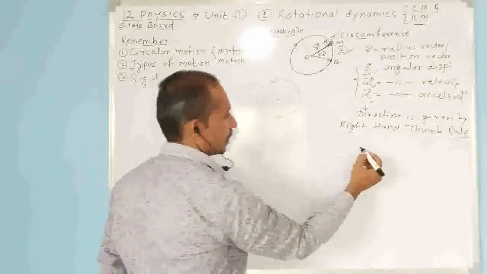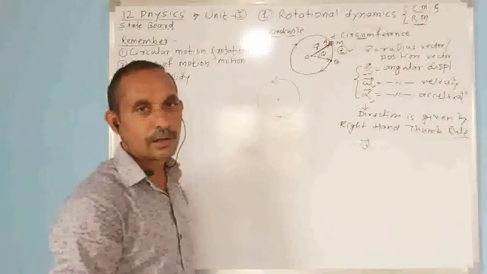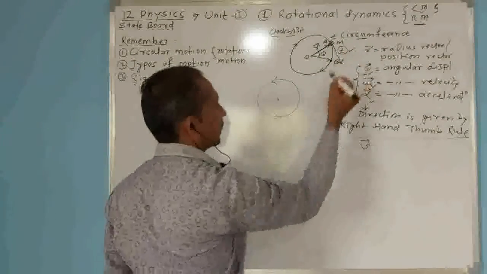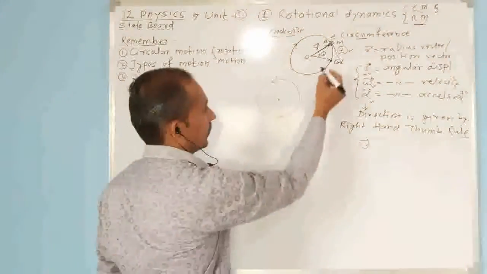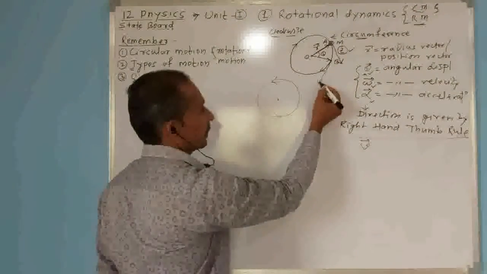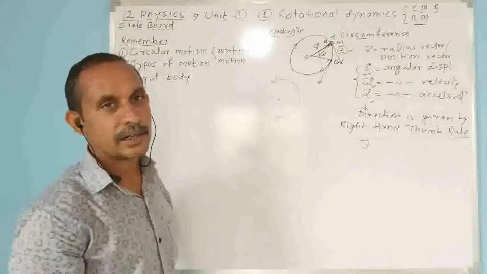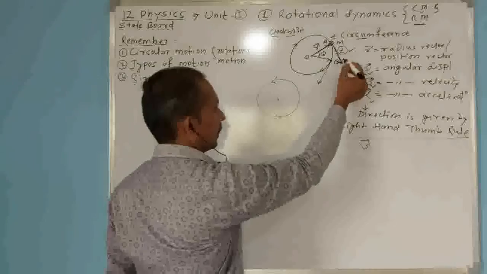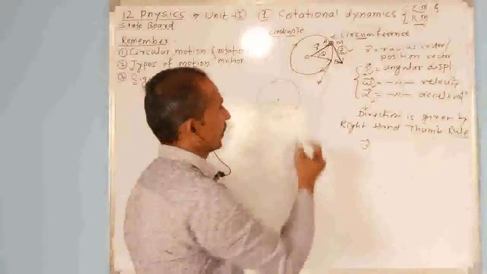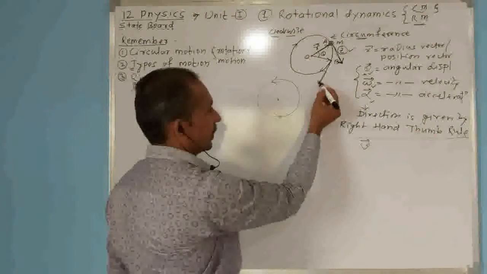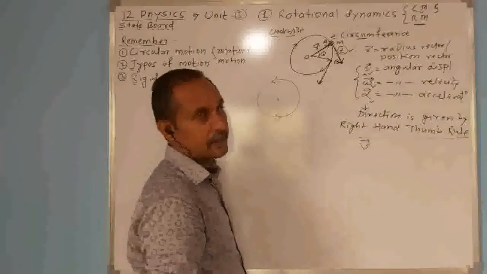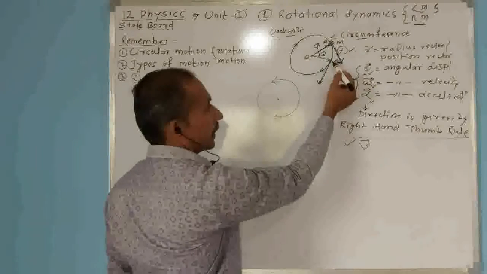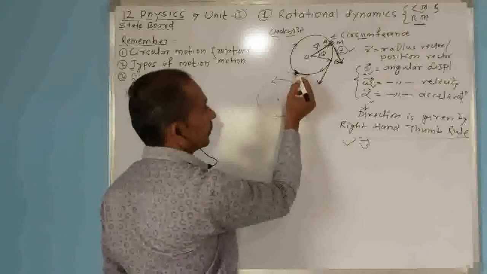And there is another physical quantity, that is the linear velocity. Linear velocity is always directed along the tangential direction. At this position, this is the tangential direction, and the linear velocity will be along this tangent. At position B, the linear velocity will be along this tangent. This means the direction of the linear velocity is continuously changing.